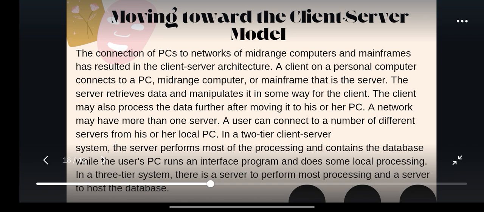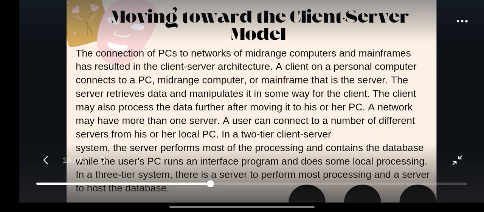In a two-tier client-server system, the server performs most of the processing and contains the database, while the user's PC runs an interface program and does some local processing. In a three-tier system, there is a server to perform most processing and a server to host the database. So, here we have the two-tier client-server and the three-tier system.